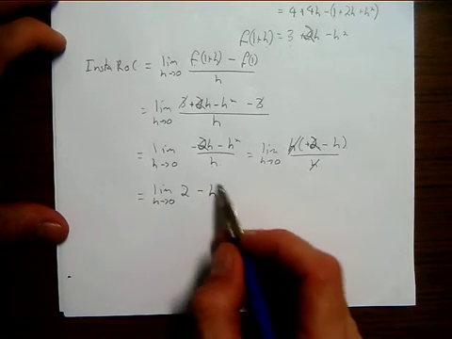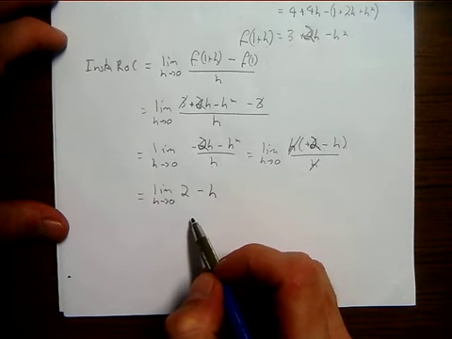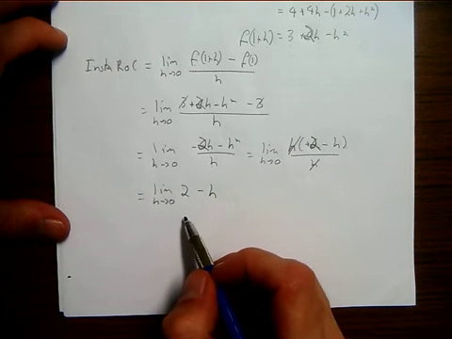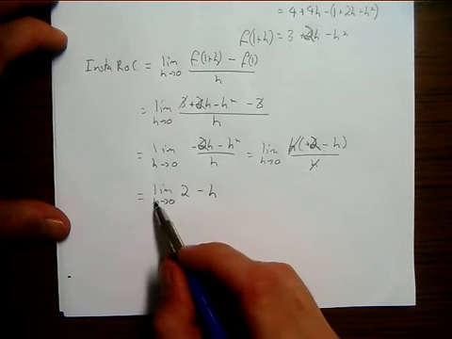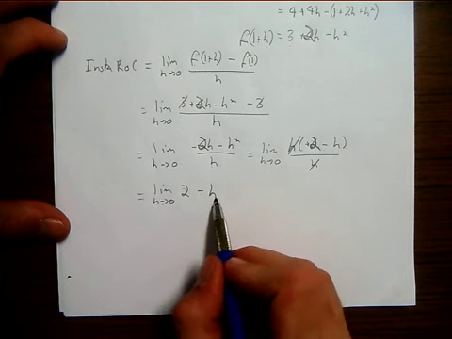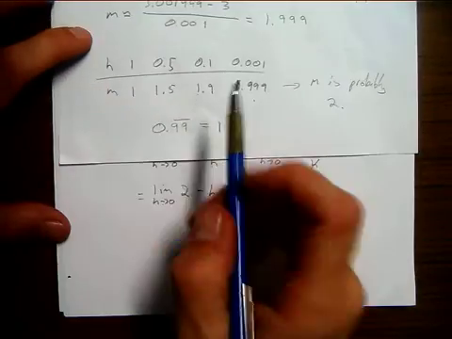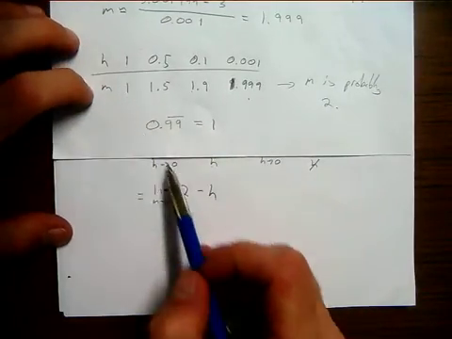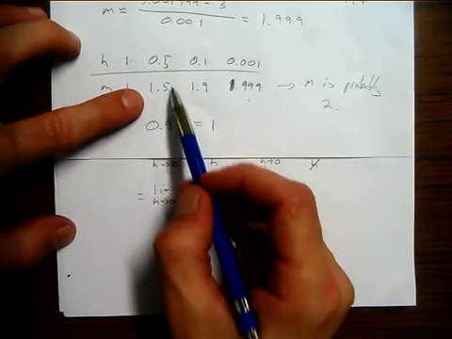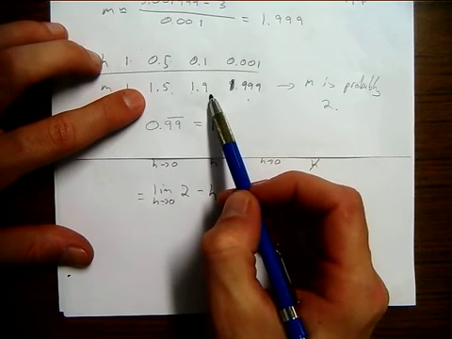If I make this h equal to 0, what do I have? 2, right? As h approaches 0, 2 take h, we were seeing that before. 2 take 1 is 1. 2 take 0.5 is 1.5. 2 take 0.1 is 1.9.